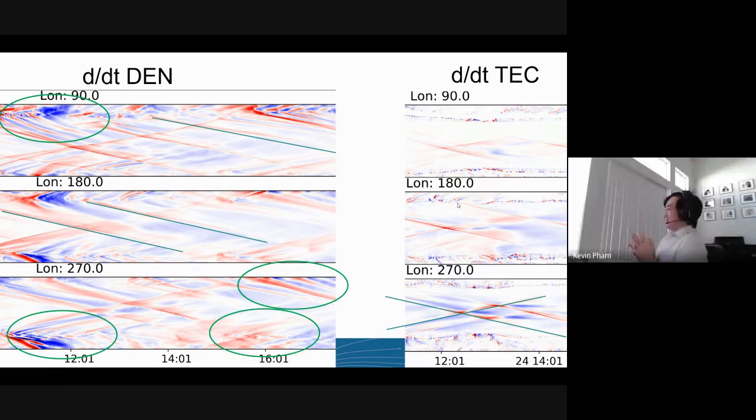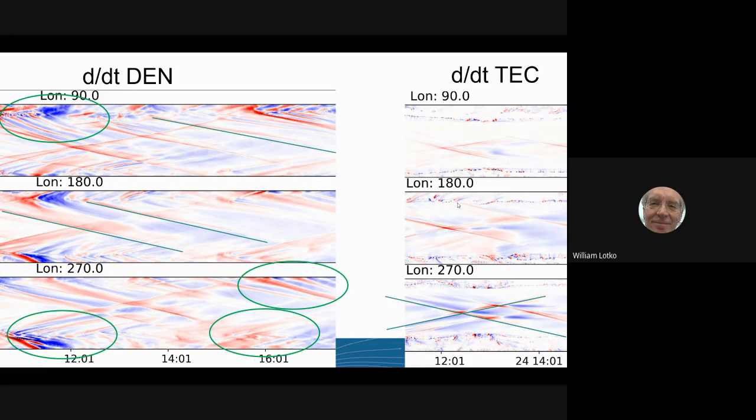That's a good question. I don't know the answer to that. I haven't looked at how they're generated yet. Presumably you could have a TAD first, and then if you have additional heating as it's traveling, you would generate a TID that is correlated with it, but they're not always correlated with each other. Yeah, I wouldn't necessarily think they would be correlated.